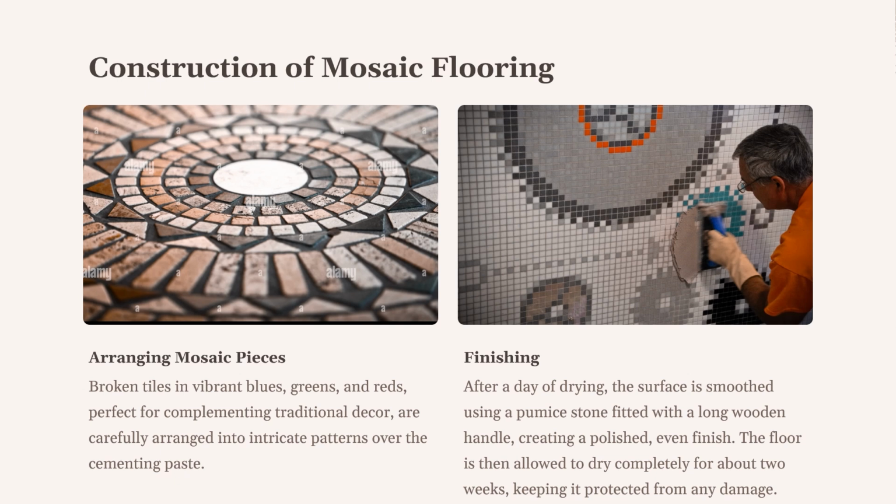Think of it as a giant jigsaw puzzle where you can get really creative. With our mosaic pieces arranged, we gently hammer them into the cementing layer to set them firmly. Then we roll over the surface with a stone roller, sprinkling water as we go. This helps the cementing material rise to the joints, ensuring a smooth, even surface.